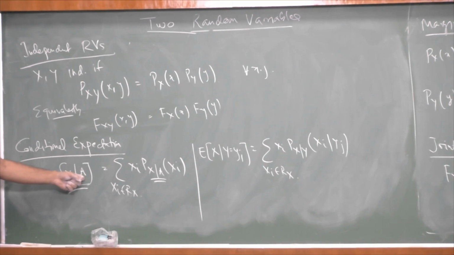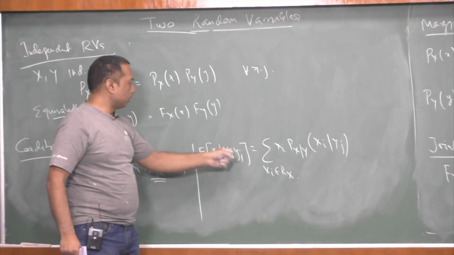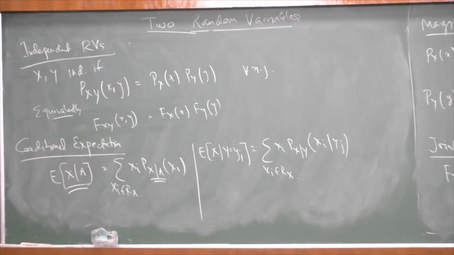Here I did this for an event, and here I'm saying it for a random variable. So y equals yj is some event A. It's just notation here. Okay, so now we know what conditional expectation is.